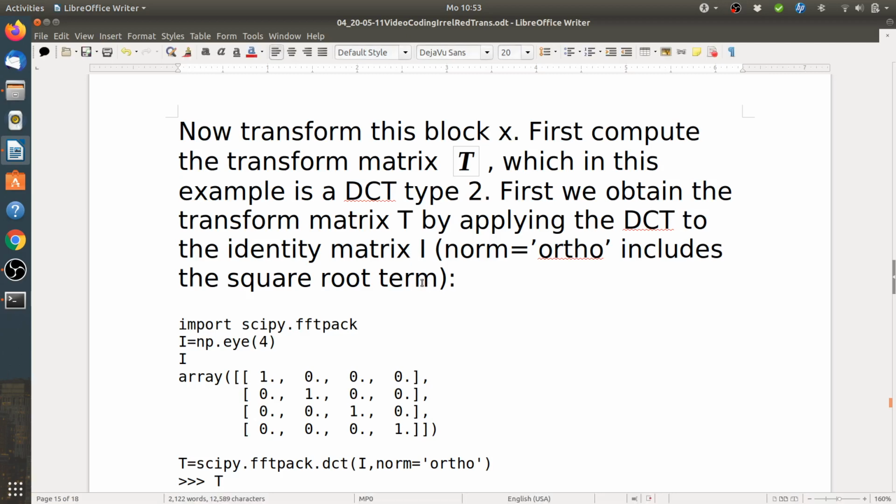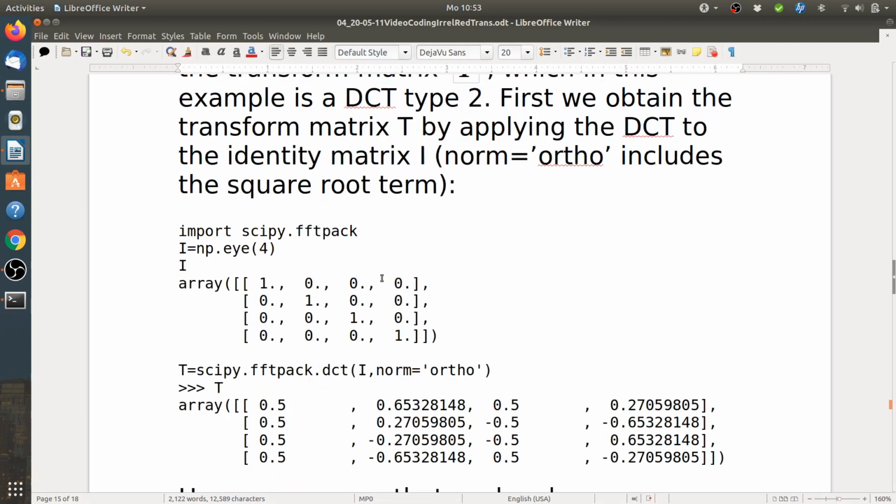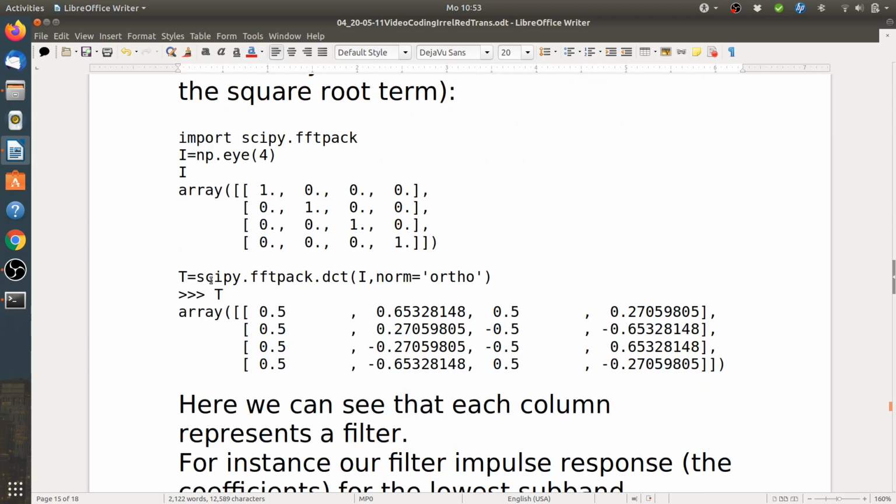So I simply supply the function with an identity matrix as input, and it applies the DCT type 2 to this identity matrix, and out I get the T. Here's my 4x4 identity matrix, and here I now apply the DCT, which is inside the library FFTpack.